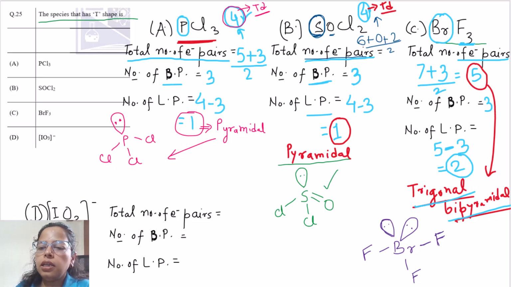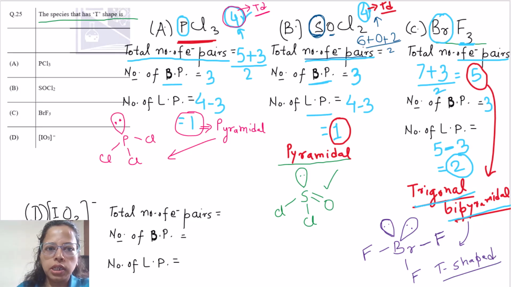So it is basically a TBP parent geometry, but due to the presence of 2 lone pairs, this perfect trigonal bipyramidal geometry is distorted to a T-shaped geometry, which looks something like this. So the molecule that will show T-shaped geometry is BrF3 in this question. Option C is the correct answer.